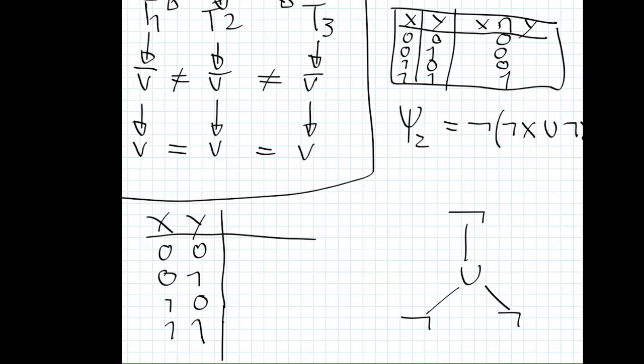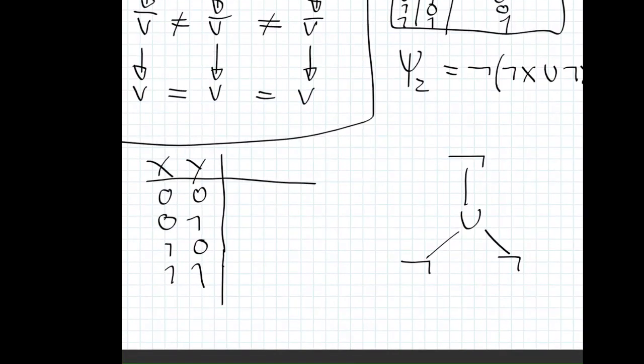We have a negation of a disjunction between negations, referring to x and then y. Okay, so let's then put this expression here. Let's evaluate it. By the way, this is the first time I'm doing this as well. So, fun.